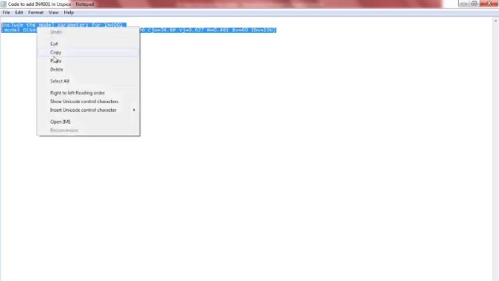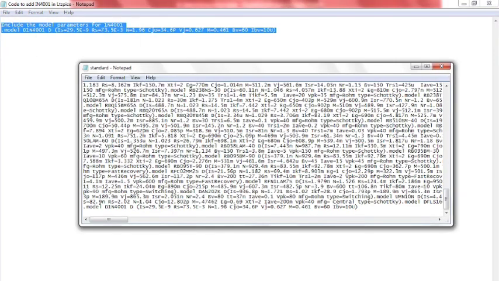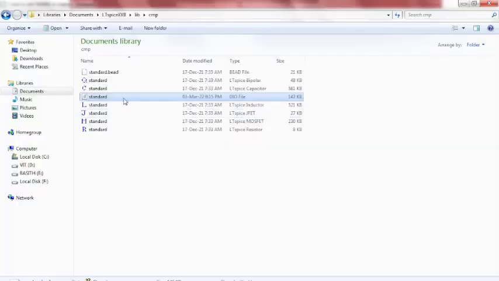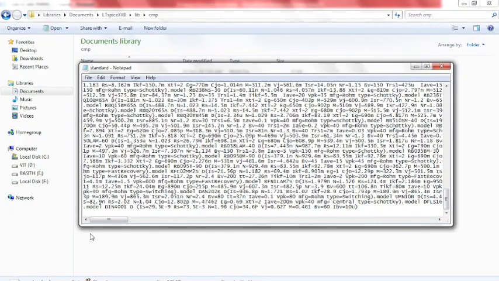This is the code for the 1N4001 diode. To copy it, I have already mentioned it in the description. You can copy this one, and open that folder. Open this standard file using Notepad and paste it here.